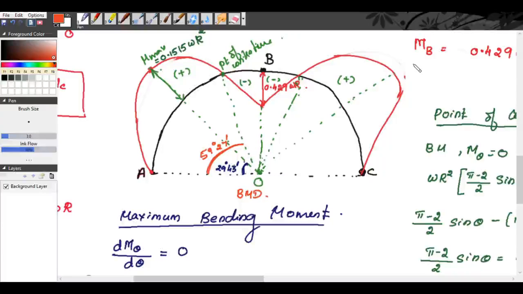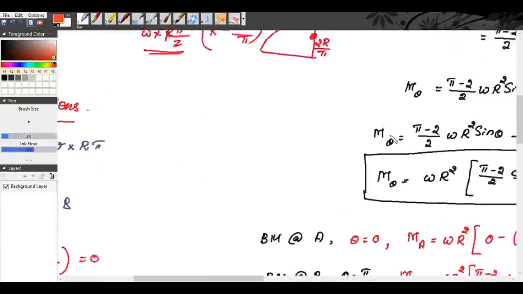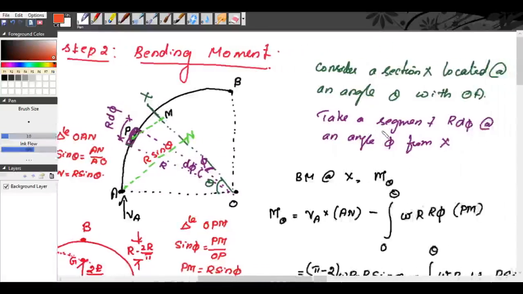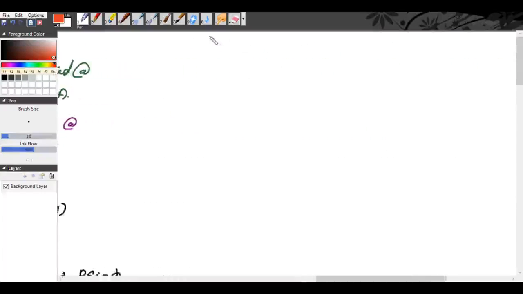What is the maximum twisting moment? And what is the point of contraflexion for twisting moment? Okay, so that is our step 3. We will move on to step 3. Okay, so step 3 is twisting moment.